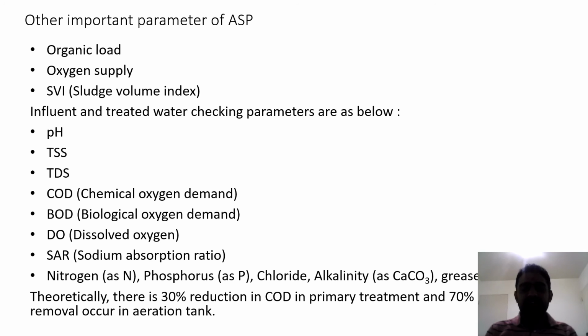Some of the parameters to check the water quality before and after treatment are pH, TSS, that is total suspended solids, total dissolved solids, chemical oxygen demand, biological oxygen demand, dissolved oxygen, sodium absorption ratio, nitrogen, phosphorus, chloride, alkalinity, grease, etc.